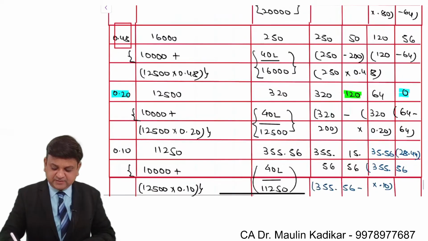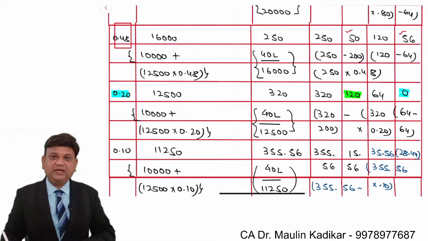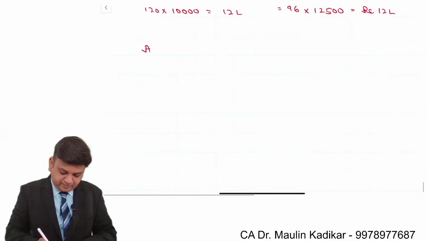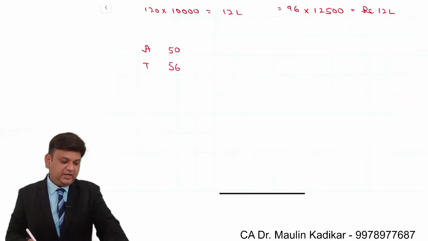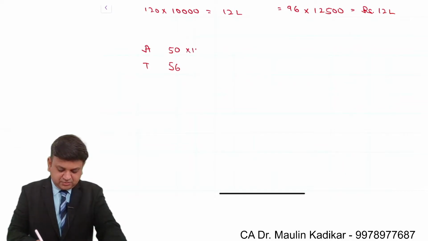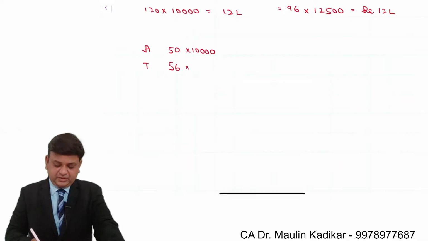In that case, acquiring company has a profit of 50 and the target company has a profit of rupees 56. Acquiring company number of equity shares are 10,000 and target company number of equity shares are 12,500.